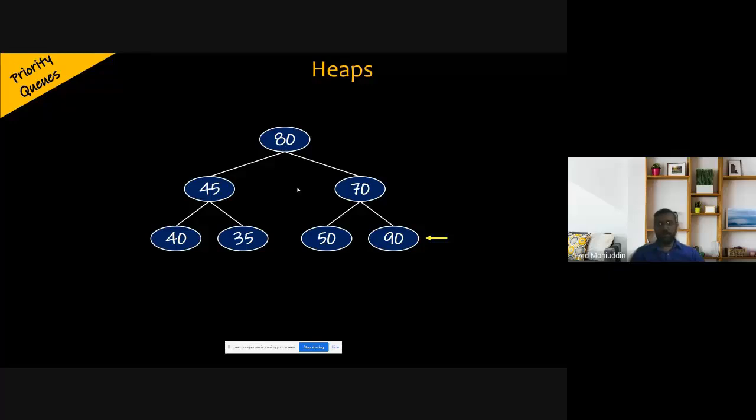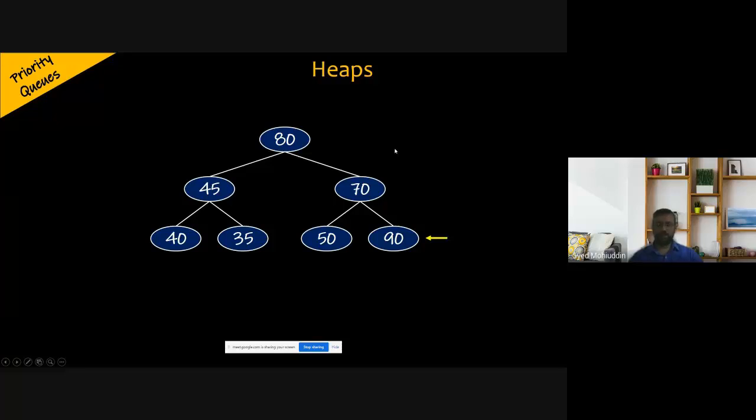But when we talk about heaps, we generally talk about max heaps, where the parent is greater than its children. So if you look at this binary tree or this heap, it's okay.